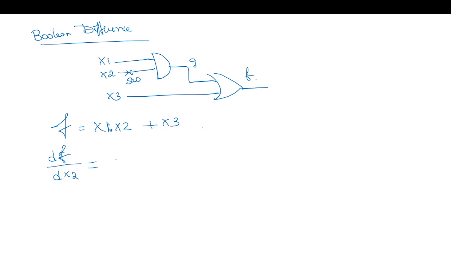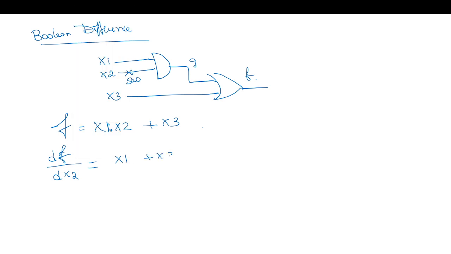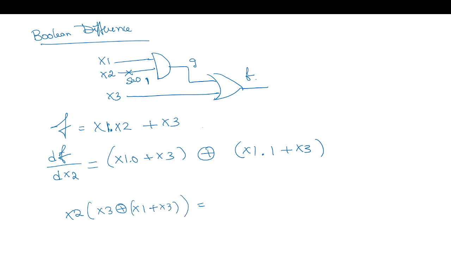So we want x1, and x2 is 0, so it is 0 plus x3, XORed with x1 dot 1 plus x3. And we want 1 here. So it should be x2, x3 XORed with x1 plus x3 equal to 1.